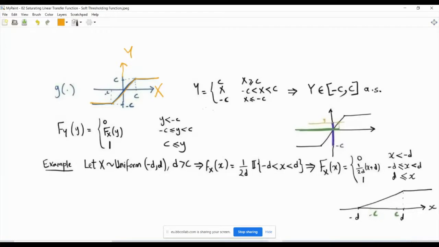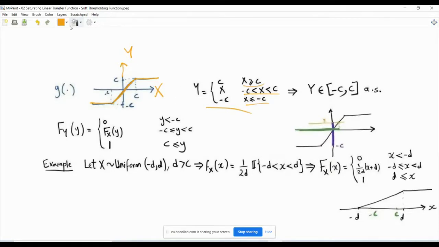Again, if we want to write an expression, y is c if x is greater than or equal to c, y is fixed at minus c if x is less than or equal to minus c, and between minus c and c, y is x. So this line here has a slope of 1.